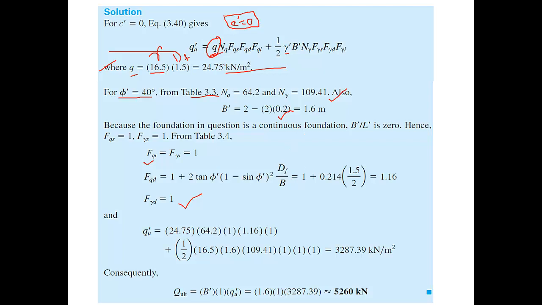So see, once you have all the information, you just put it here and you get it. And now you can find out the q ultimate. One important thing here: do you remember that when we considered the slab design, we considered the unit strip? One unit strip we consider, right? And we continue the whole portion, right?